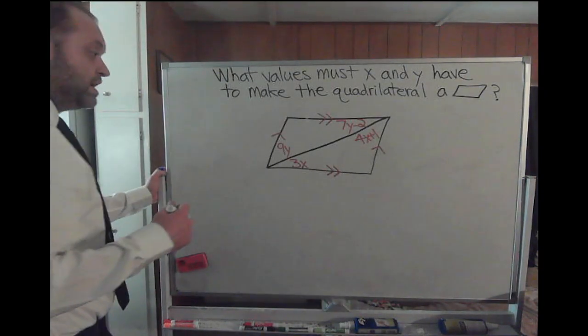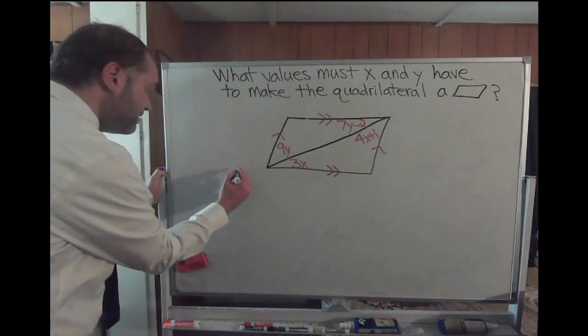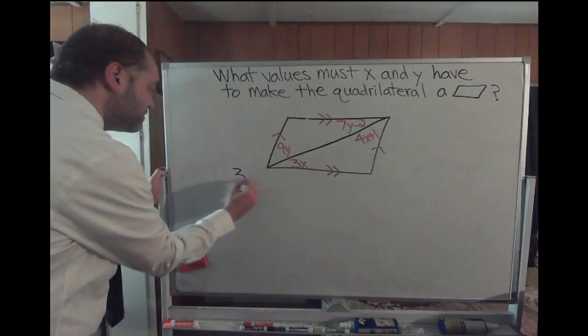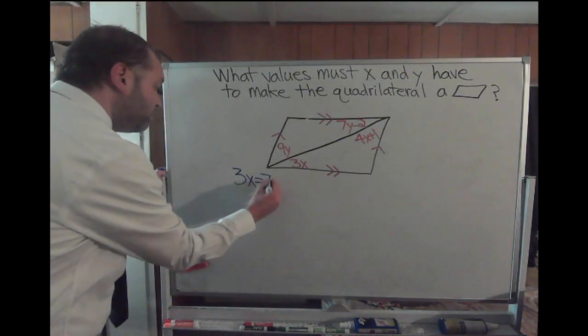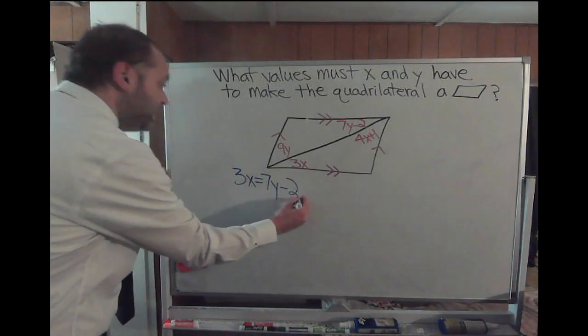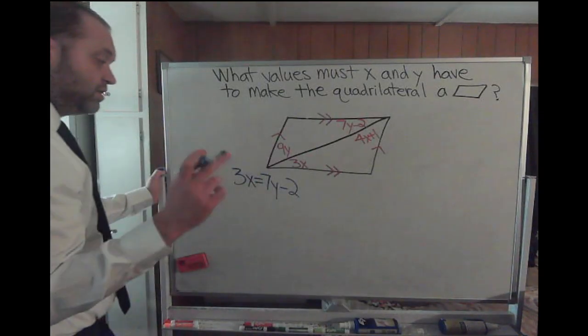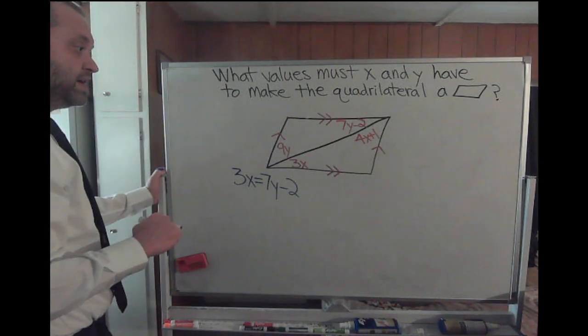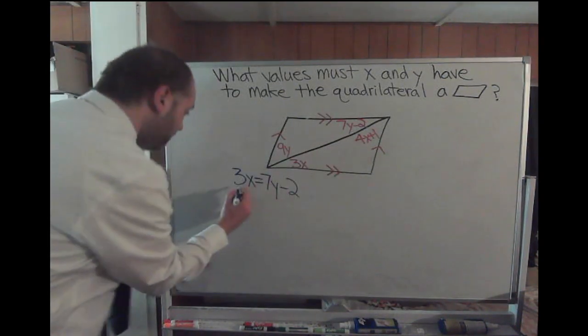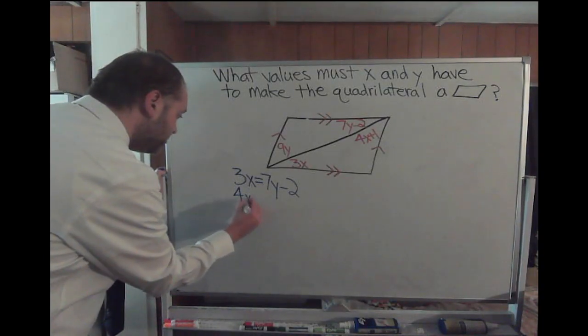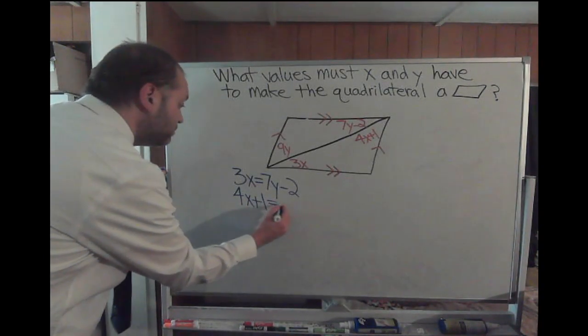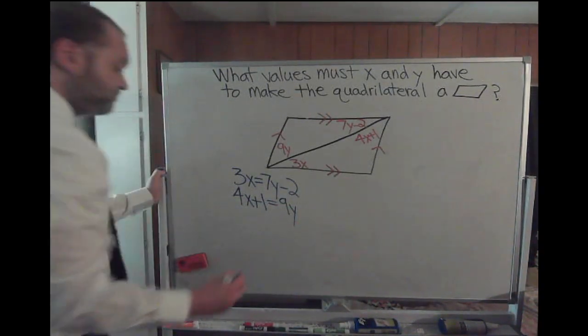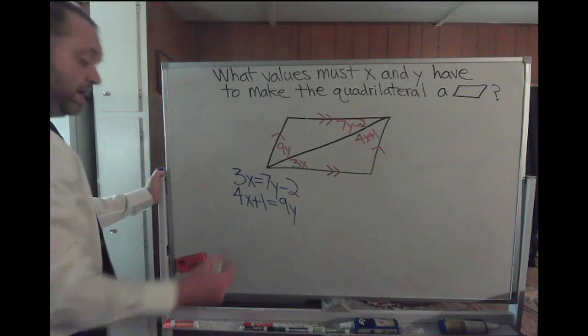So let's start here with 3x would equal 7y minus 2, right? Those would be congruent because they're alternate interior angles. Next, you would have that 4x plus 1 is equal to 9y. Right?